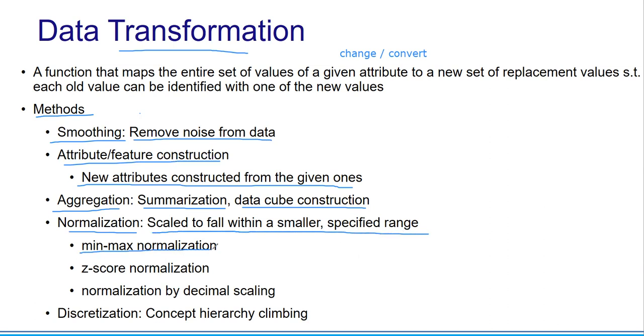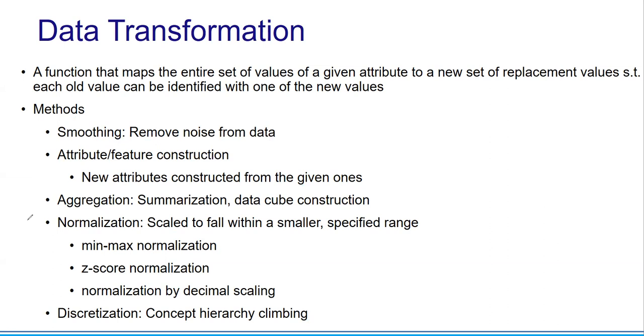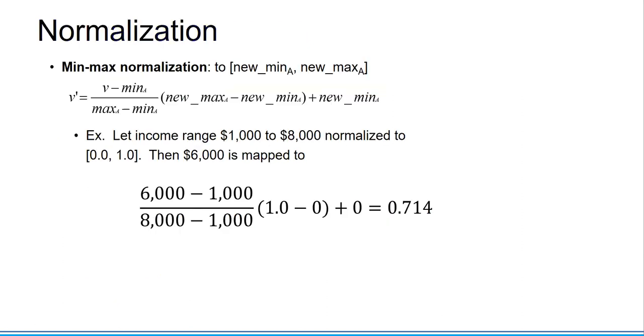We will learn later about min-max normalization, z-score normalization, and normalization by decimal scaling. There's also a concept about discretization, so we have the concept hierarchy. We will check the possible transformation methods that are already in this slide.